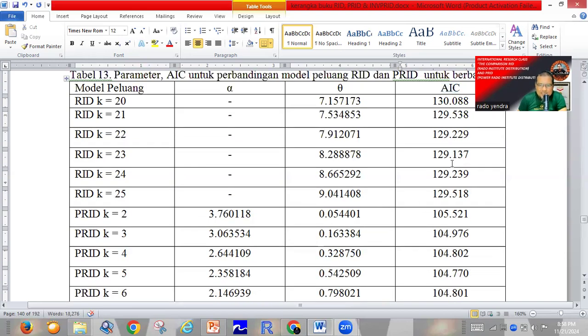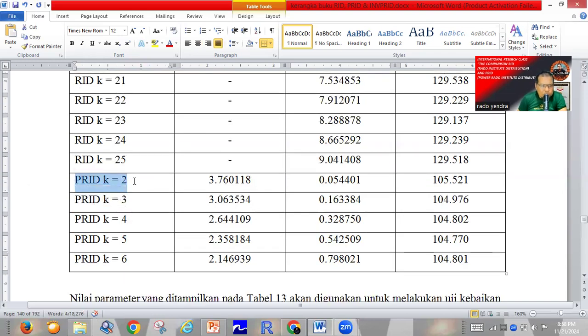PRID with K equal to 2 until K equal to 6 have the lowest AIC, only between 104 and 105.